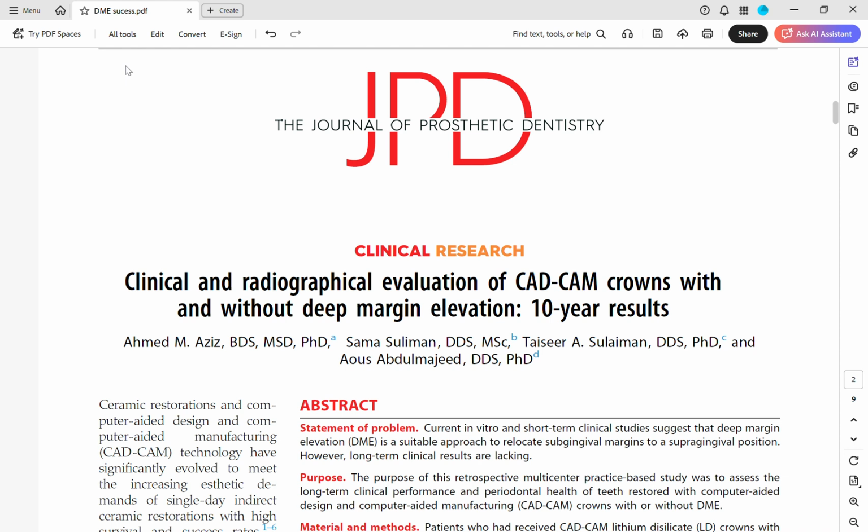The first group, the deep margin elevation group, has 157 teeth, and the group without the deep margin technique has 273 teeth. Bitewing and periapical radiographs were taken to assess the marginal bone loss, and they clinically assessed the clinical attachment loss, bleeding on probing, and the presence of plaque around the teeth.